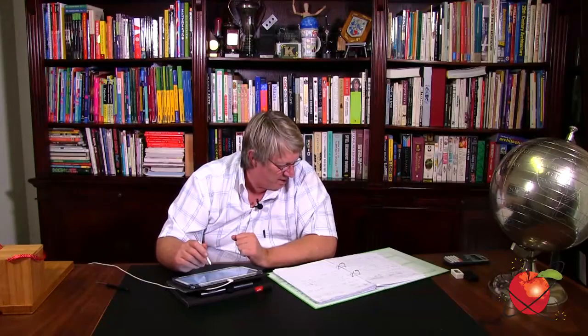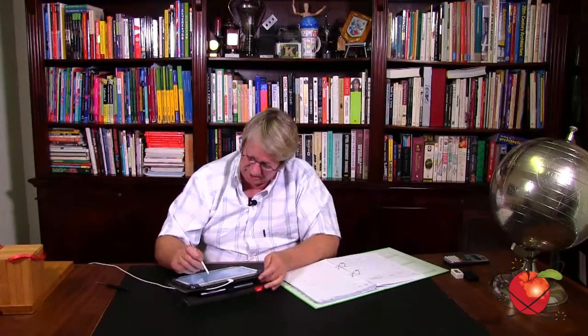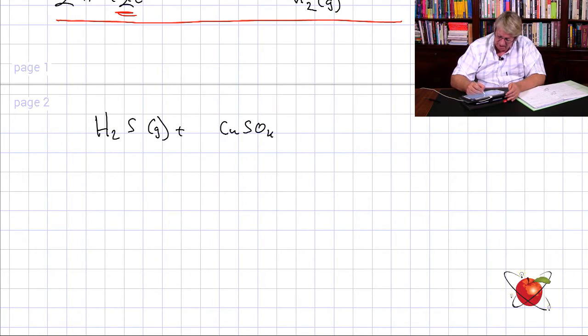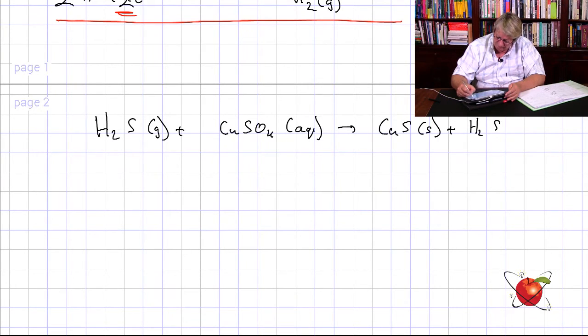Let's have a look at the next one. H2S plus copper sulfate. H2S gas plus CuSO4 aqueous leads to CuS solid, obviously a giveaway, plus H2SO4 aqueous.